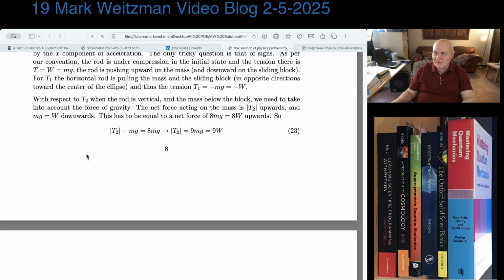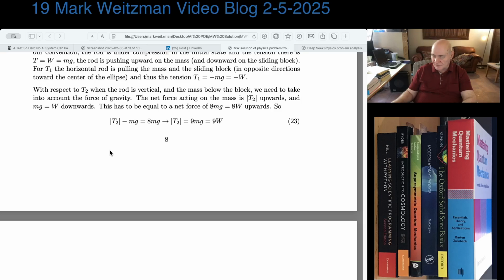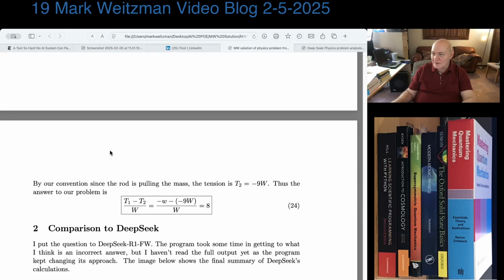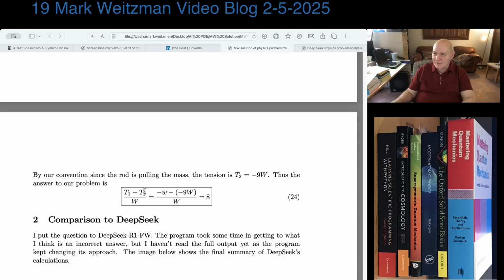We know the acceleration is upwards of 8g, but we have a gravitational force acting downwards. So the tension actually has to be 9 mg or 9W, and the sign is again negative because it's pulling, not pushing. So the answer to the problem is T1 minus T2 over W, and it's minus W minus 9W over W, which is equal to 8.